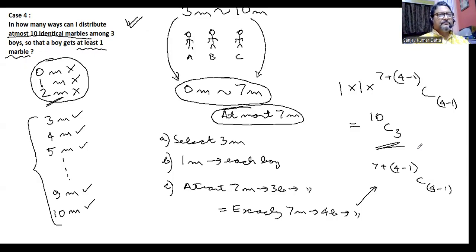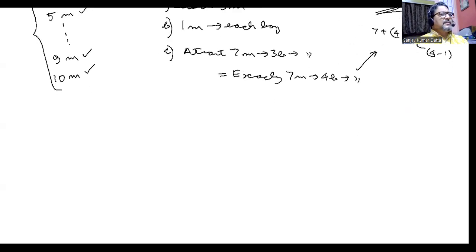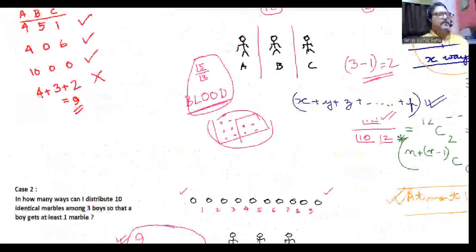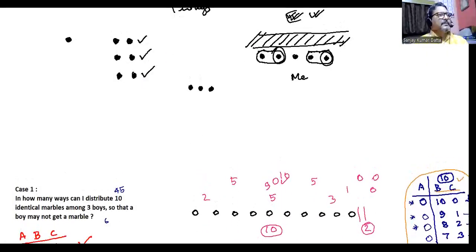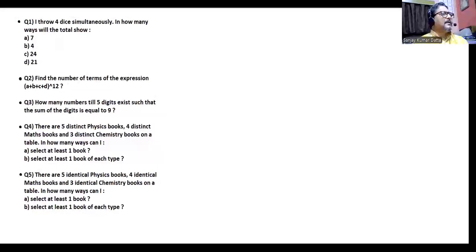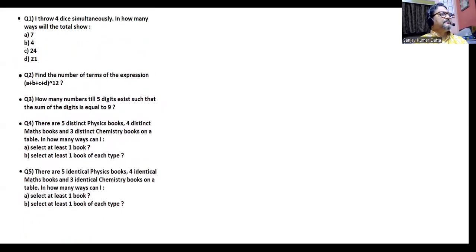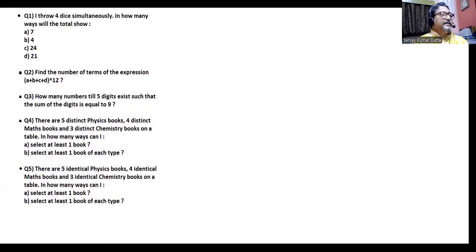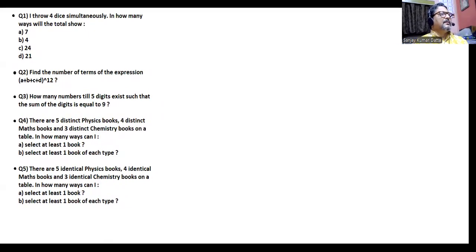Okay. Let us now do some examples. Let us solve some problems. See, we have 6 problems. We'll be doing these 6 problems. The problems are pretty classy, mind it. I throw 4 dice simultaneously. Pretty common also, right?